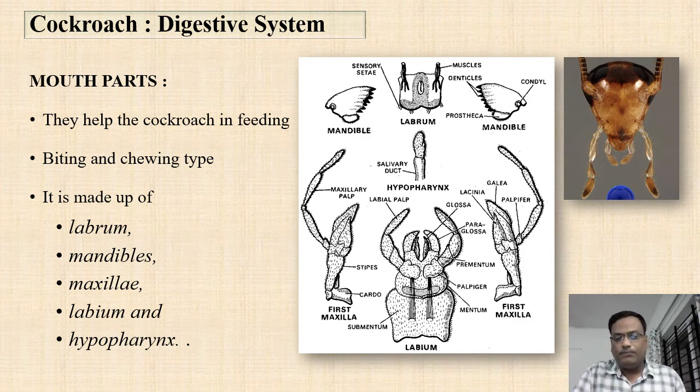The food of the cockroach. Now we know that cockroach, theoretically, is capable of eating anything which is organic. It is omnivore. It feeds on different kinds of food materials. It feeds on food which is cooked, which is kept in the kitchen.